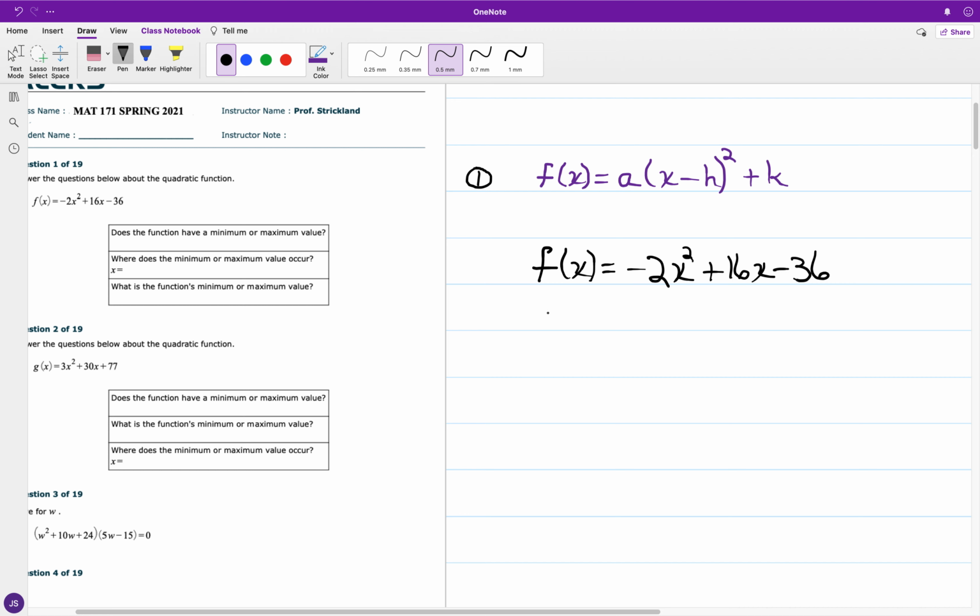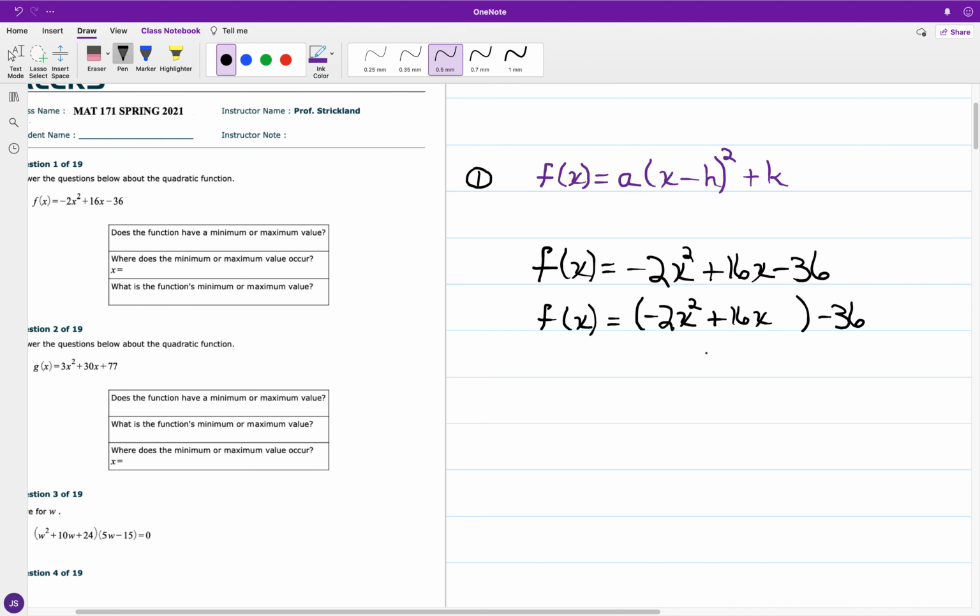So I'm going to put the variable terms in parentheses. So we have f of x is equal to the quantity of negative 2x squared plus 16x, followed by the subtraction of 36.